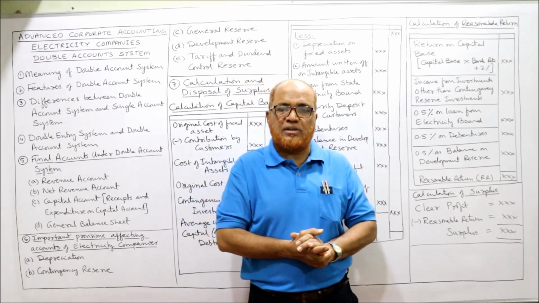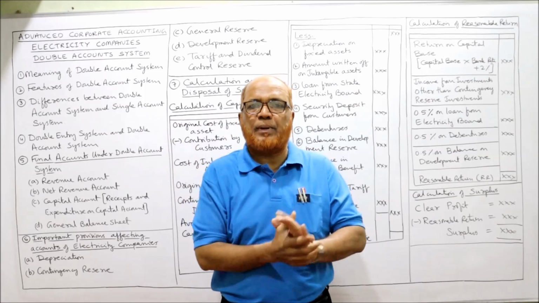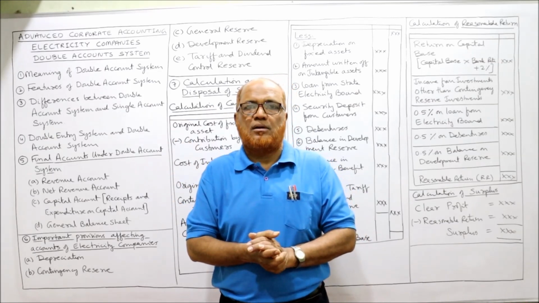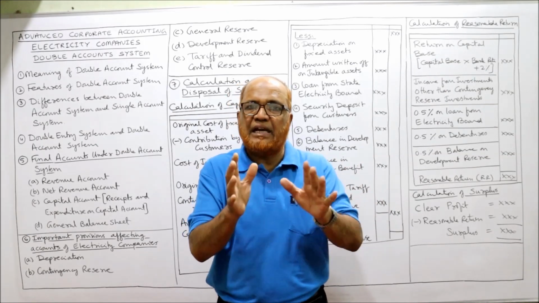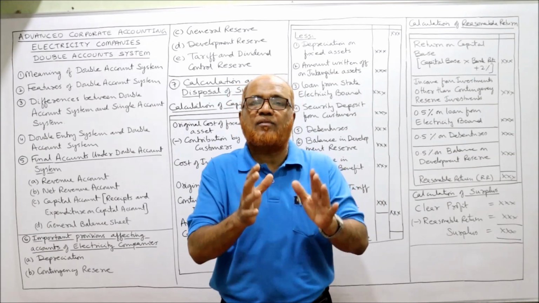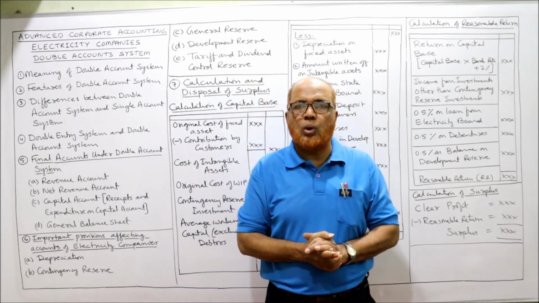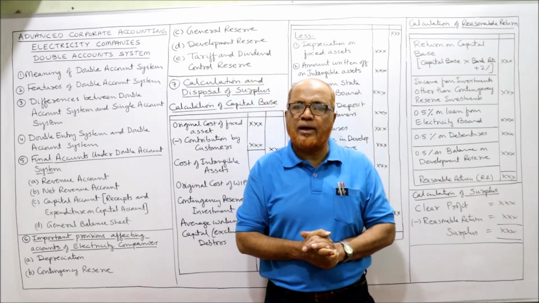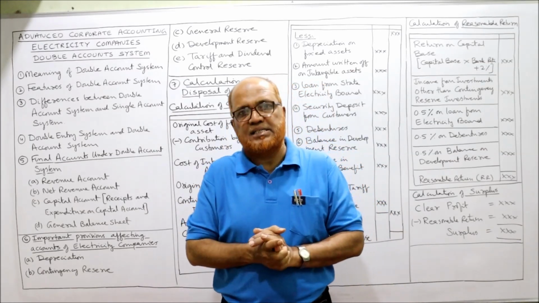For example, the objective of an electricity company is to provide electricity to the people at lower cost without sacrificing profit. We need a reasonable return, and apart from that, we have to give electricity to the public at lower cost. That is the public utility concern.